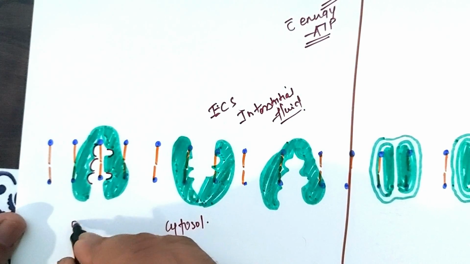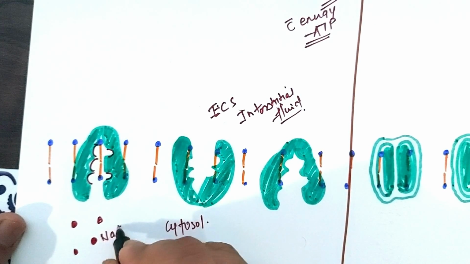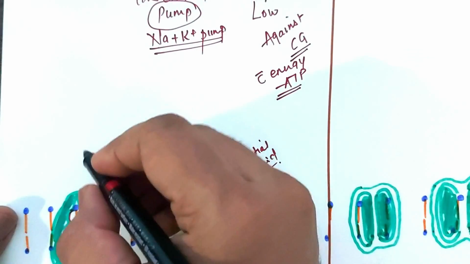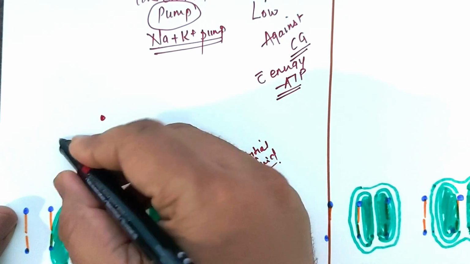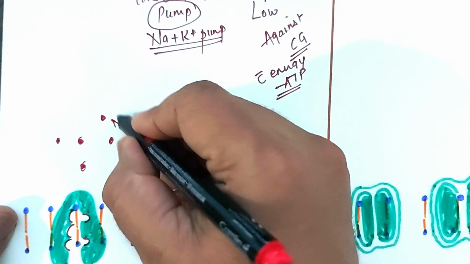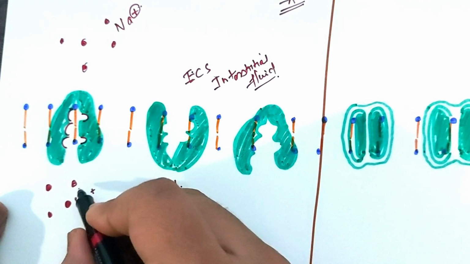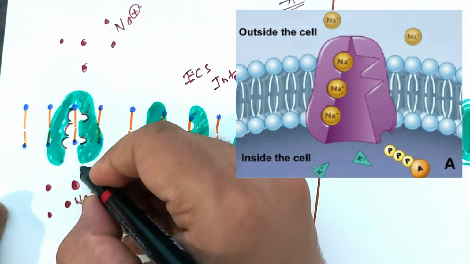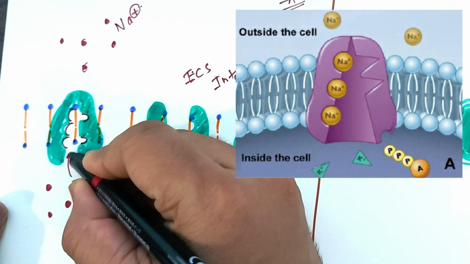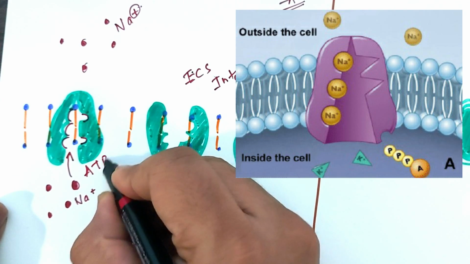Okay, so whenever you have a low concentration of sodium ions inside the cell and a high concentration of sodium ions outside the cell, these sodium ions will get transported outside the cell with the help of ATP.